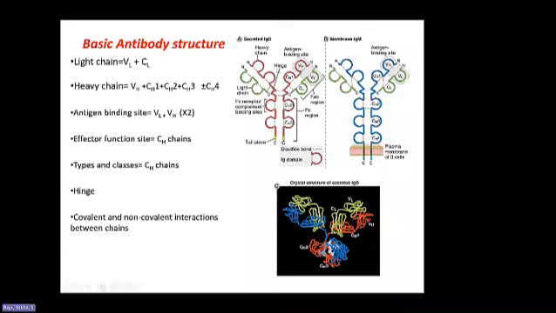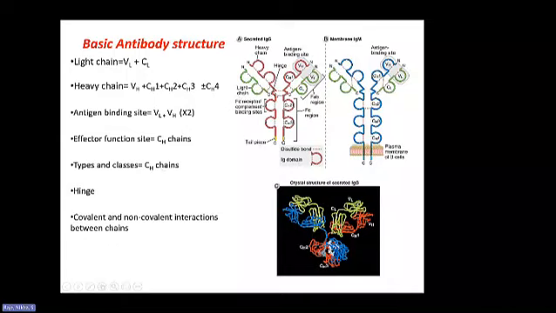The antigen binding site is formed by the variable region of the light chain and the variable region of the heavy chain. So in one molecule there are 2 antigen binding sites, whereas the effector function comes from the heavy chains, and typically it's the CH chains that also determine what type or class it is.